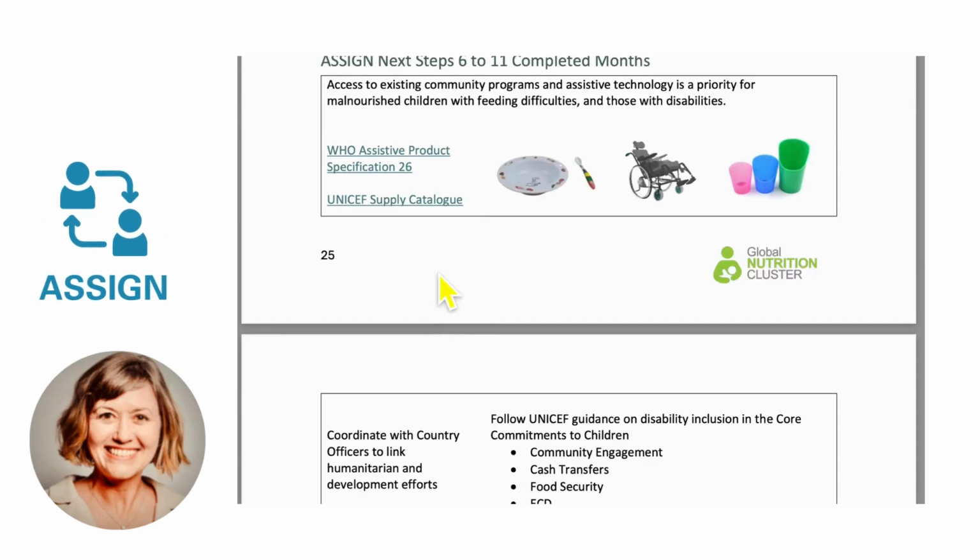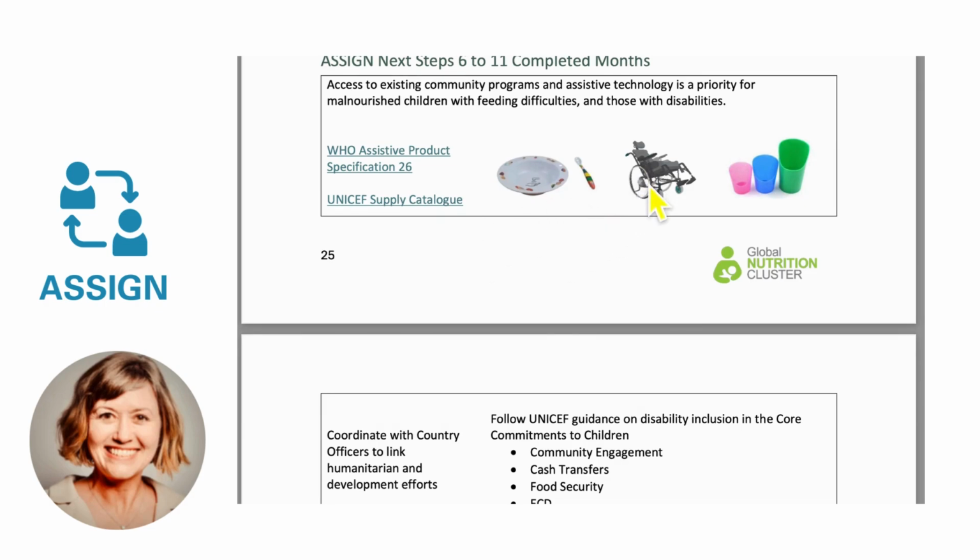This section is really just intended to be a reminder for all of us of what a high priority malnourished children and children with feeding difficulties and children with disabilities are. And so there are some resources here that show us where we can get products or specific technologies that could be helpful.